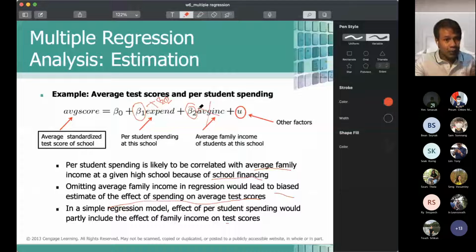So for assumption number 4, zero conditional mean, to be not violated, we include every factor that affects x and y in the model, but why do we still need the error term in the equation? In general, whatever you include, you cannot make sure that every variable in the model totally explains your dependent variable.